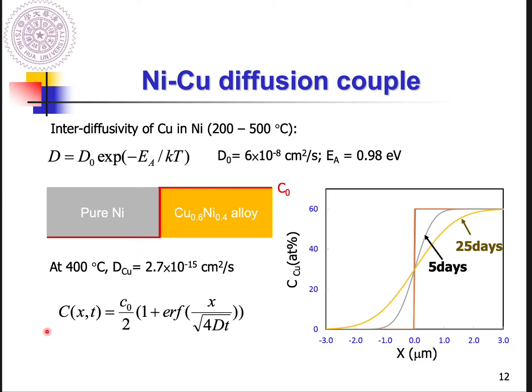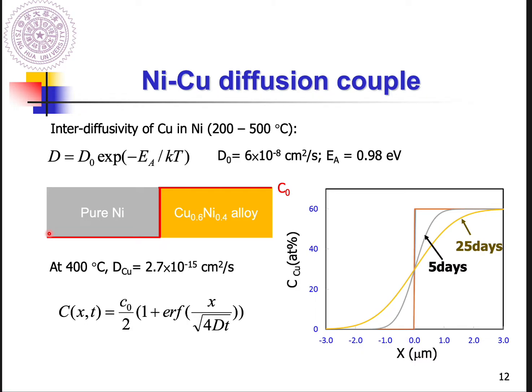But if you want to get the concentration profile, you want to use the solution we get from the previous case. First of all, you need to check the length of this diffusion couple, whether the length is much longer than the diffusion length or diffusion distance.